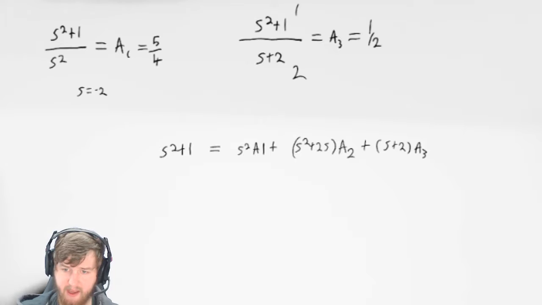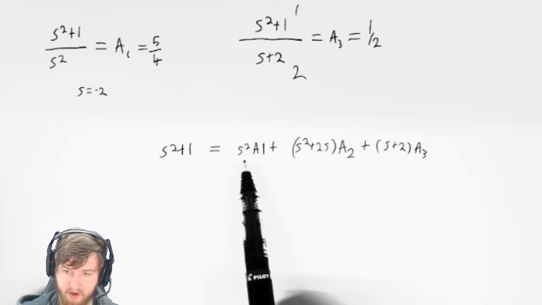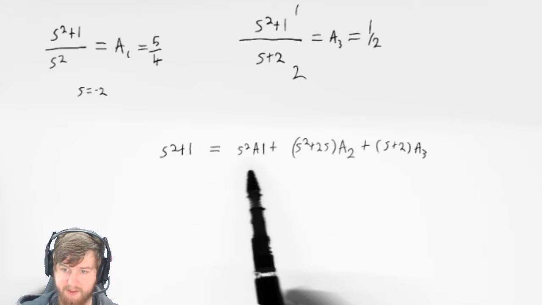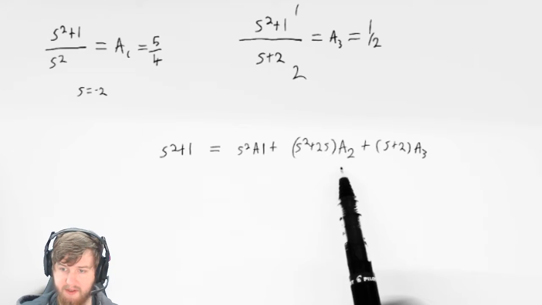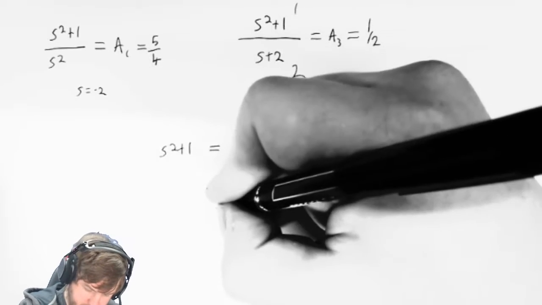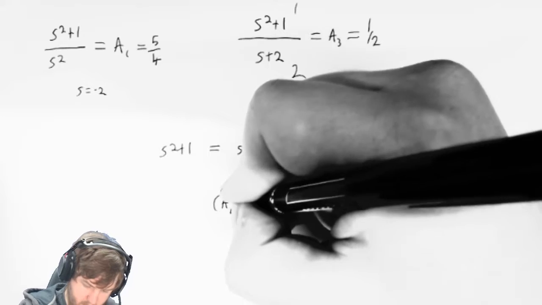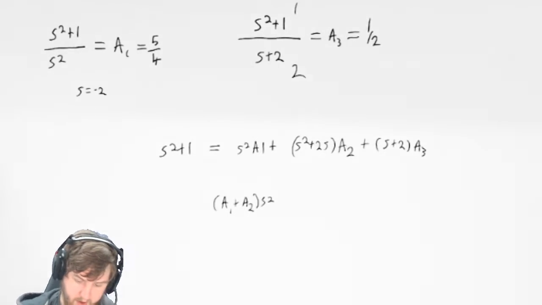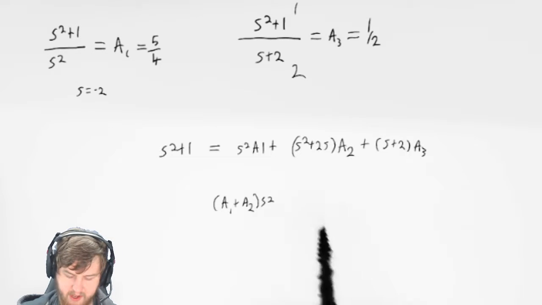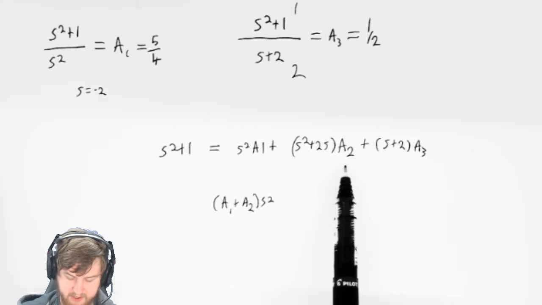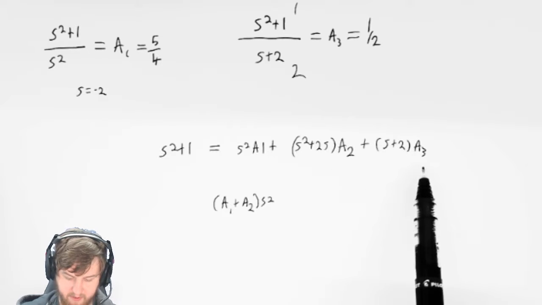If we want to gather our s squared terms, we have s squared a1, s squared a2, no s squared over here, so I'll write a1 plus a2 times s squared. For s, it looks like we have 2s times a2 and then s times a3.